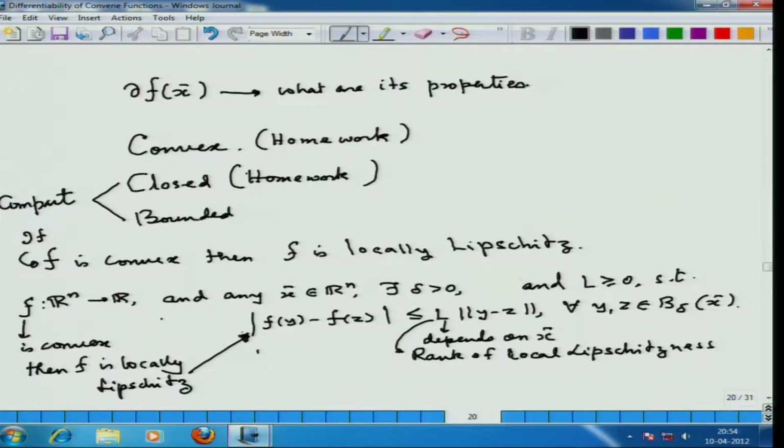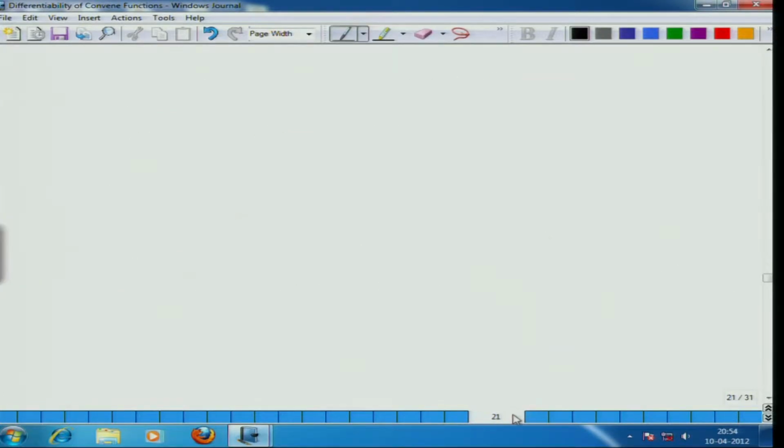Any convex function will satisfy this property. Now, this property would be used to show that a subdifferential is a bounded set. What do you mean by bounded? I have to prove that the norm of ξ is less than a fixed number, say M, for all ξ in ∂f(x̄). Now, how do I do this?